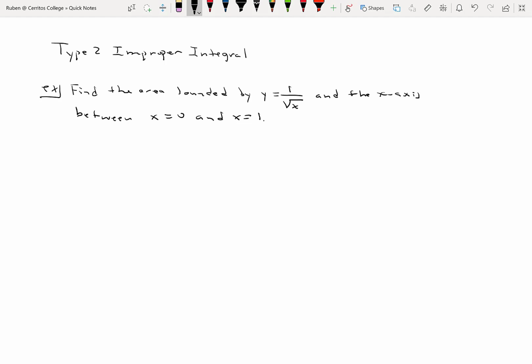So first of all, it's pretty clear this is not a type 1 improper integral. Neither of the limits of integration are infinite.